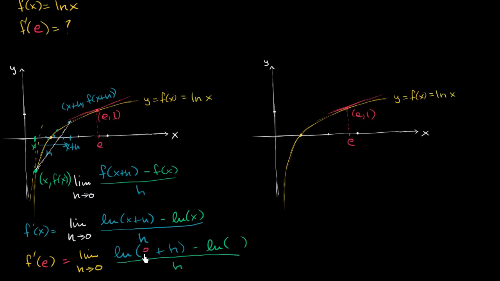So if we are able to evaluate this limit, and we actually can, this would give us the slope of the tangent line when x equals e. This is doing the formal definition.